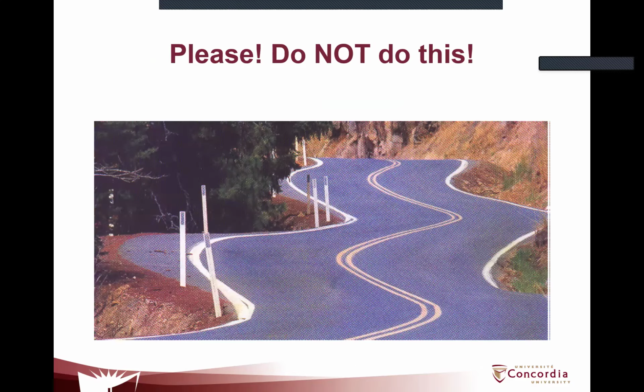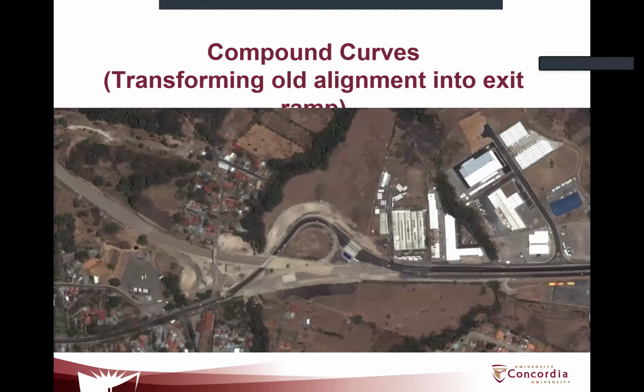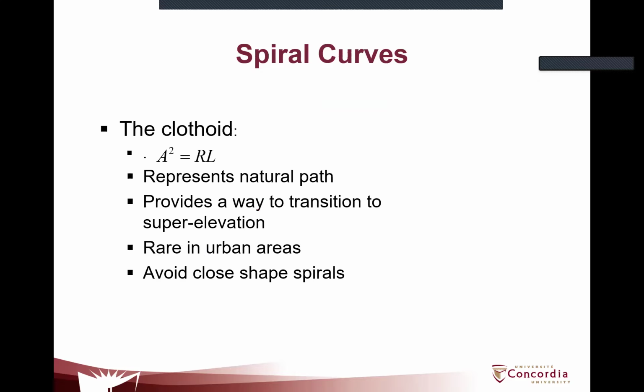And of course, there are always some mountain designs that land into something like this. Now, compound curves can be used to enable an exit that was not existent, like in this example. The initial highway was going straight, but now a new exit is required, so you can use a compound curve to allow for that.